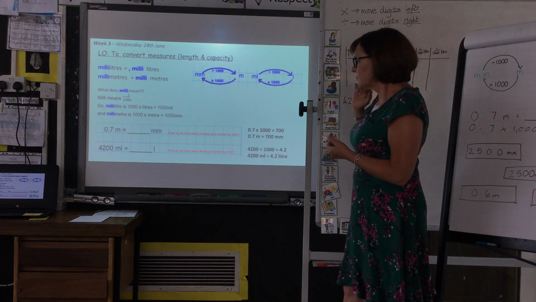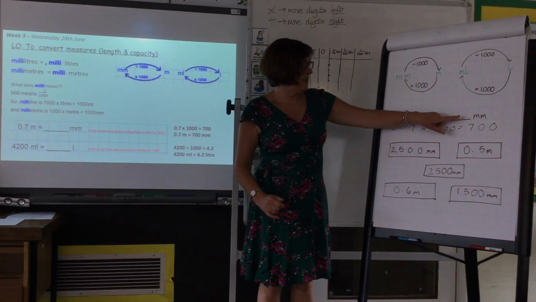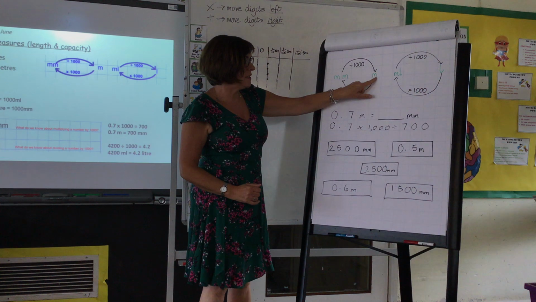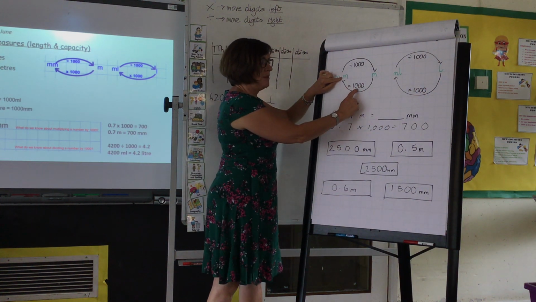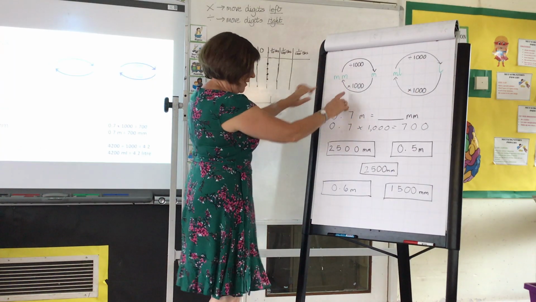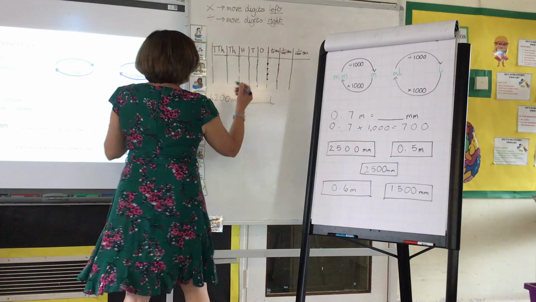Okay, so if we converted 0.7 metres into millimetres, because we are going from metres to millimetres, if we follow the arrow, we know that we need to multiply by 1,000. So 0.7 times 1,000, we demonstrated this yesterday.